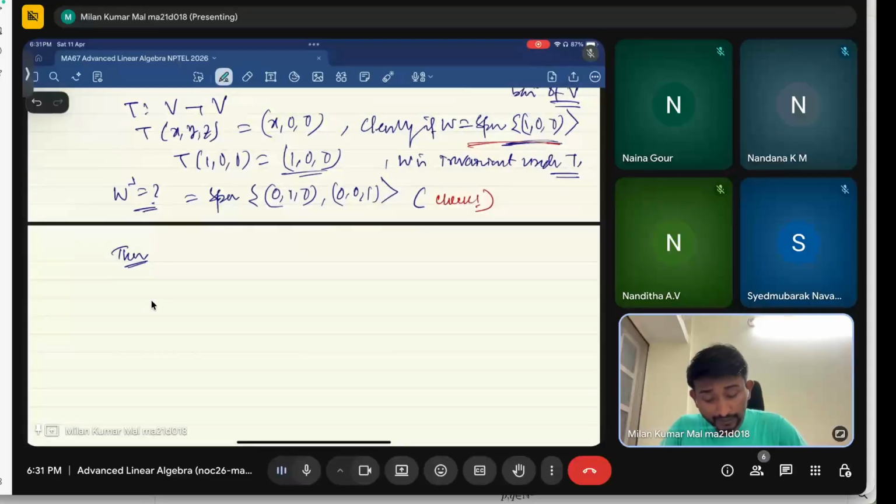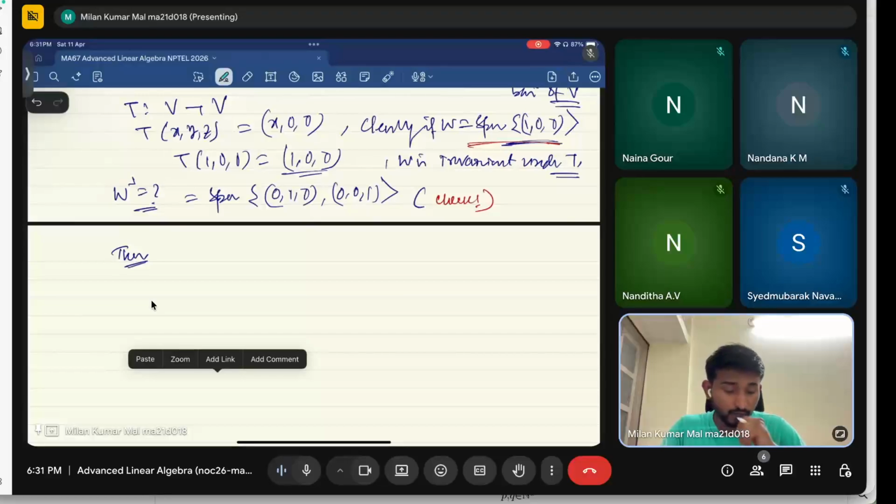I want to prove that if I take a vector from there, I want to get the inner product with T(x, y, z).